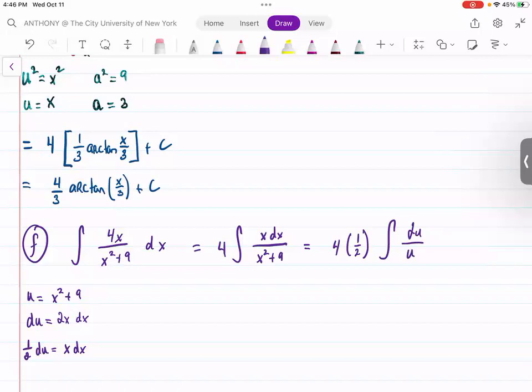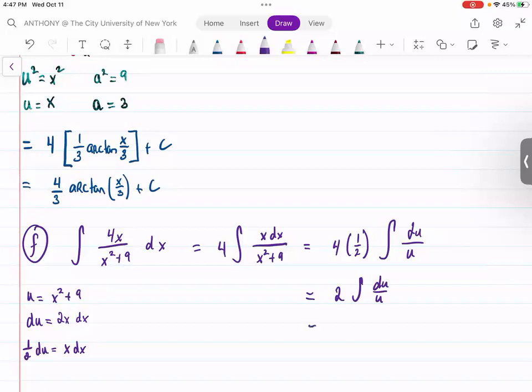All right, now what's 4 times 1/2? 2. So this will give us 2 times the integral of du over u. But you should recognize this example now. We did this one before. What rule is being applied? The ln rule.